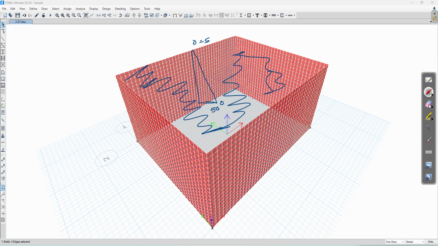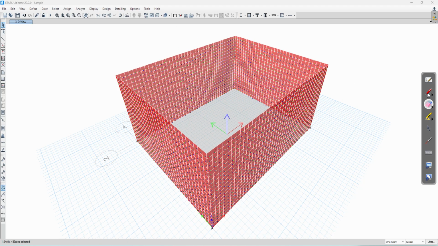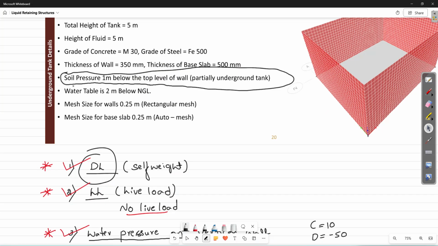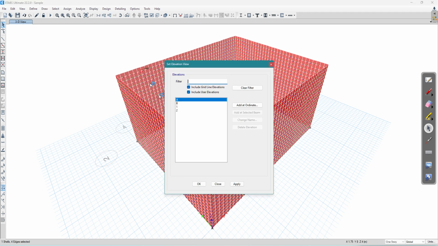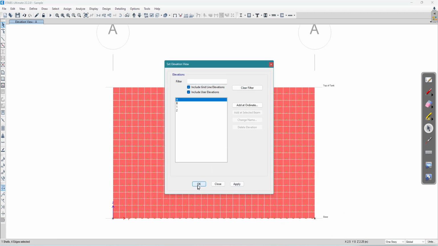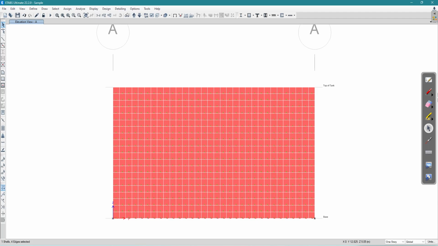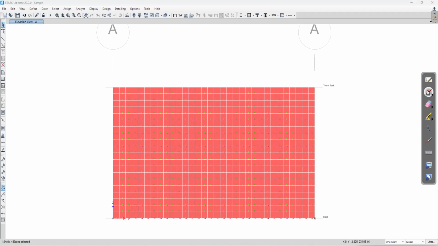But in case of soil pressure, you have soil pressure 1 meter below the top level of wall. So which means your soil pressure is acting like this from outside.